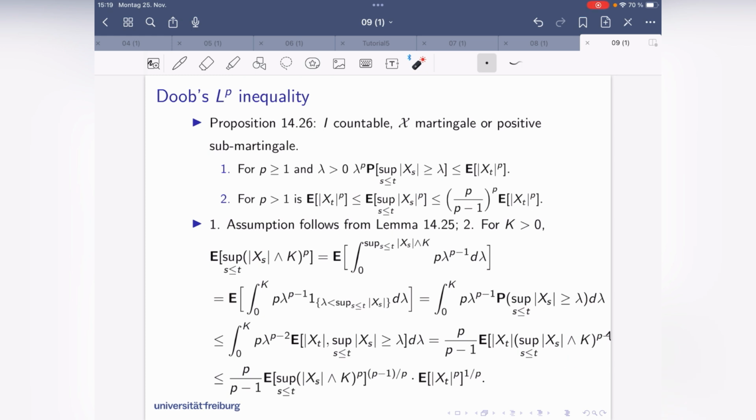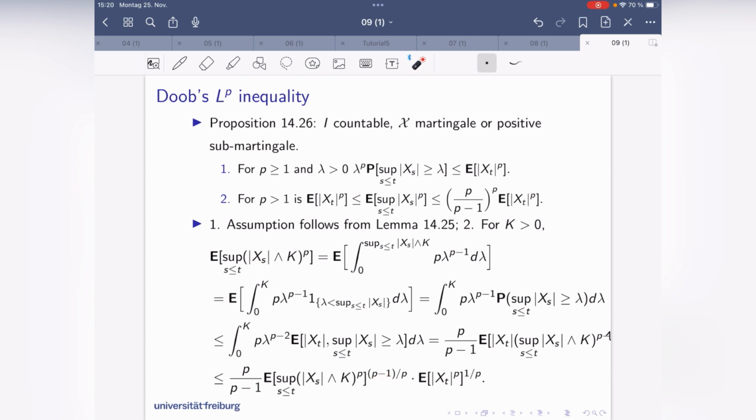Then I'm using Hölder's inequality in order to distinguish here the X_t and the supremum. I want to have this in two separate expectations. I can do that. I have a p minus 1 here, and here you have to do the arithmetic in order to come up with the right exponents in the Hölder inequality.